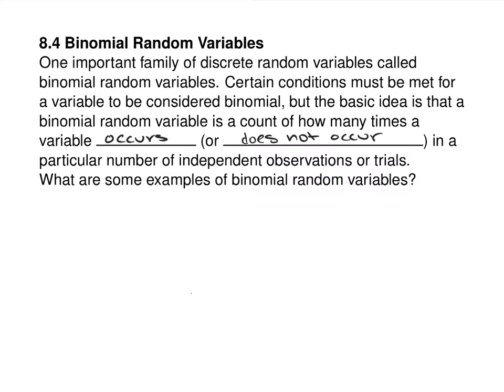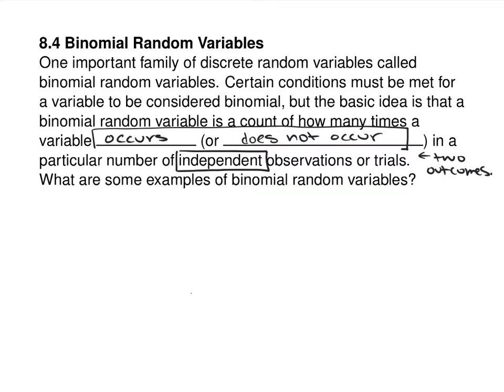So the kicker here is that there must be independent observations or trials, and then the "bi" part in binomial comes from the fact that there are two outcomes. So two outcomes, as in something happens or it doesn't happen.